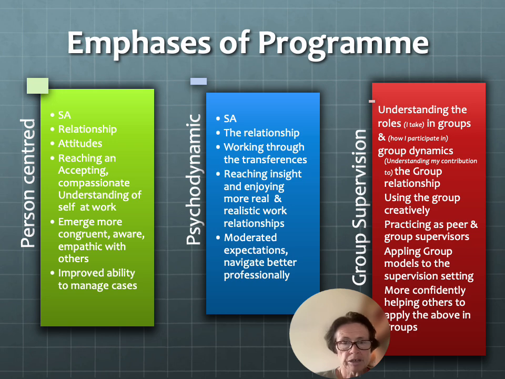So the psychodynamic field would argue that you must do that through your own therapy, and the person-centred will probably agree with that, but very committed there to, you can't be congruent if you don't know yourself. But it's not a fixed thing, of course, it's a dynamic thing. We'll never get to know ourselves completely. We'll never get to know another completely. So we can only be committed to developing all the time.